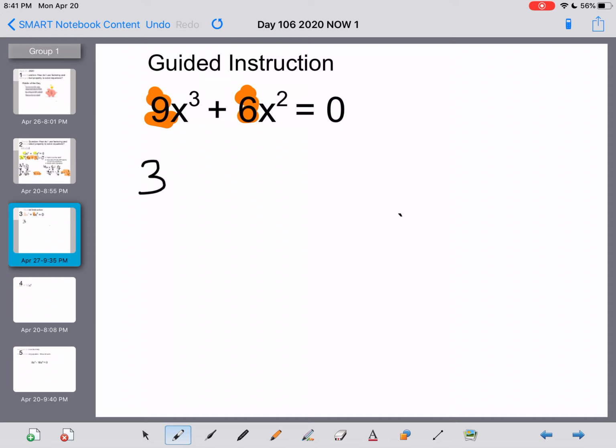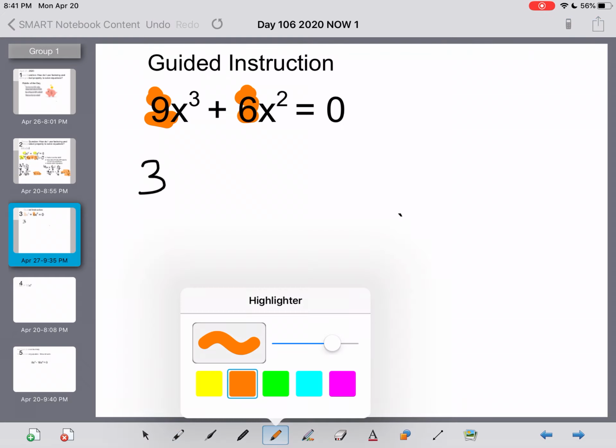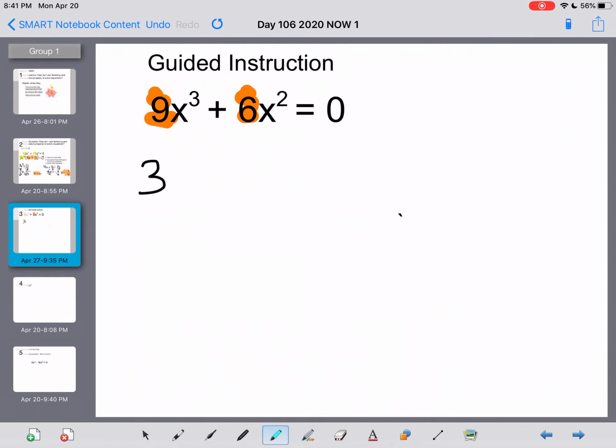And then we have x to the third power and x to the second. Each of those terms, the variable part has at least x squared in it, or 2 copies of x. So I am going to factor out 3x squared.